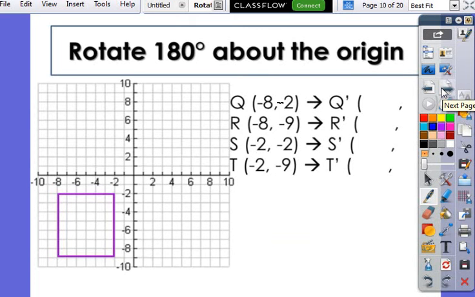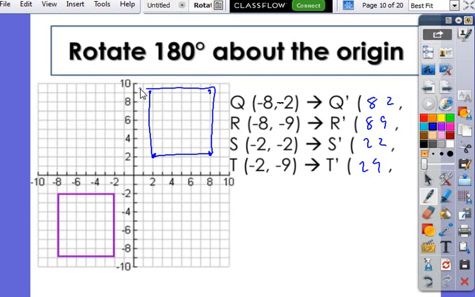And we said there's 8, 2, 8, 9, 2, 2, and 2, 9. So we knew that's where it was going to wind up, and that's where it did.